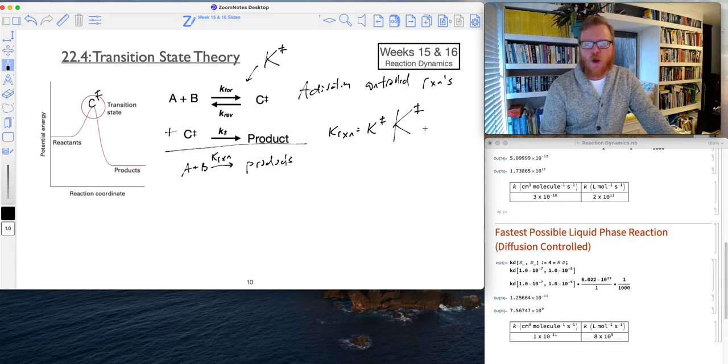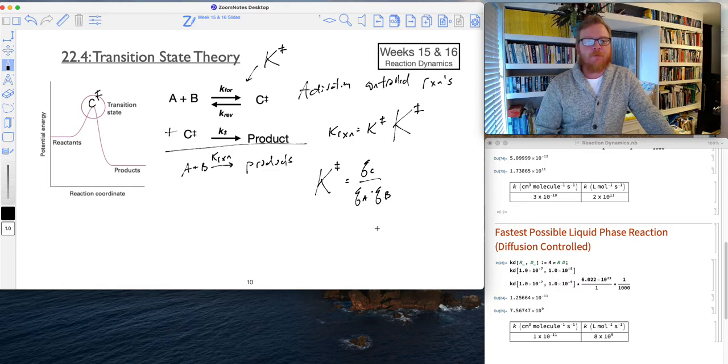So the way this goes, from stat mech, the equilibrium constant of this transition state is equal to the partition functions of all players involved. So that would be QC divided by QA times QB.